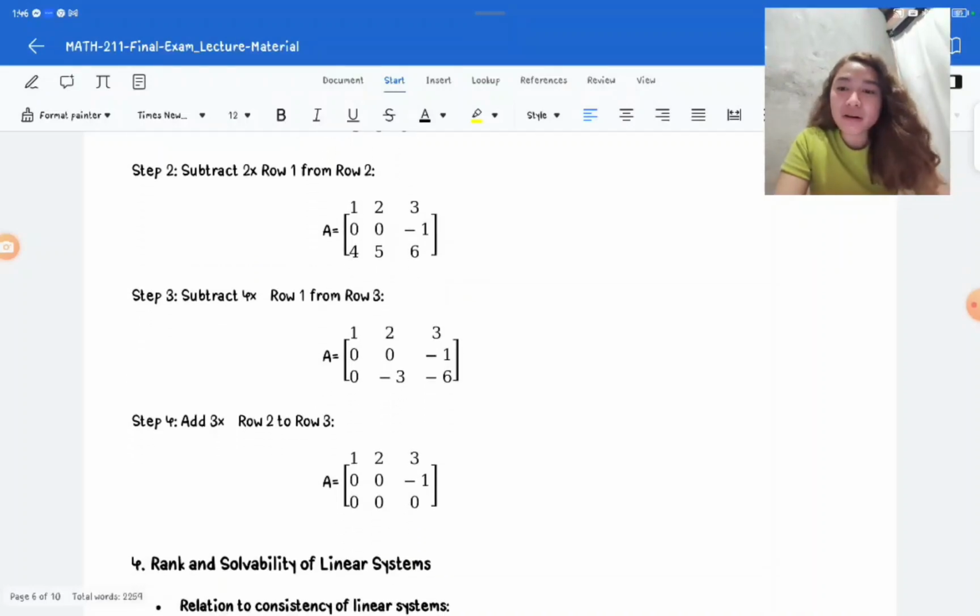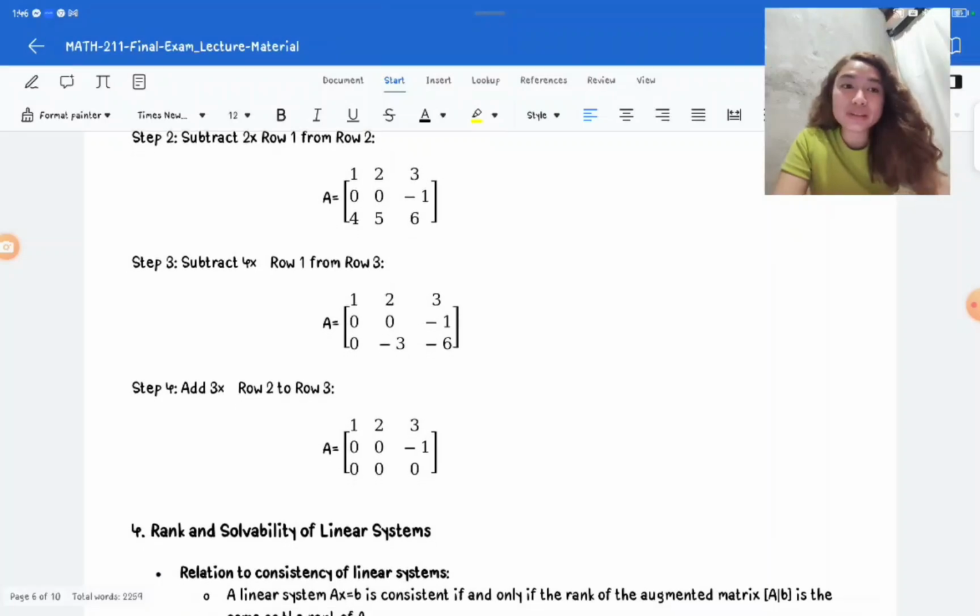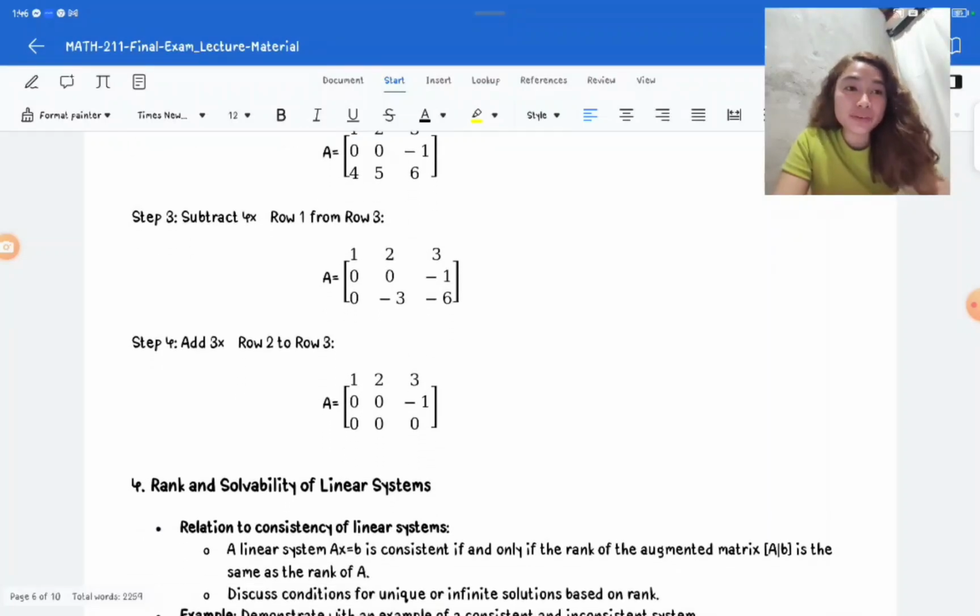Next, we go to step 3. We are going to subtract 4 times row 1 from row 3. This time, we are going to write our answer on row 3.